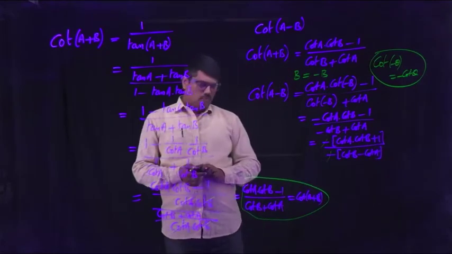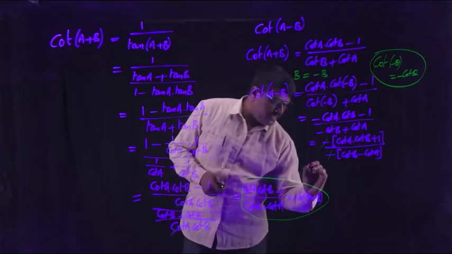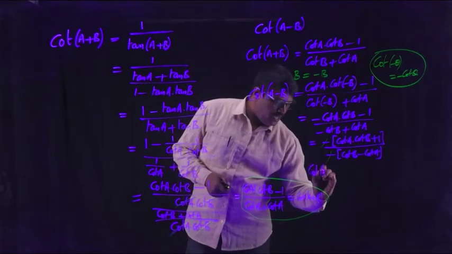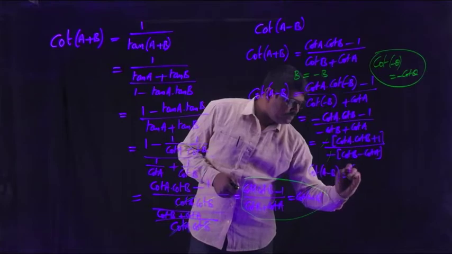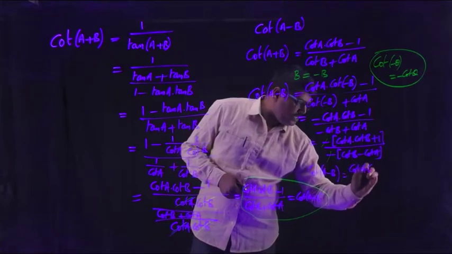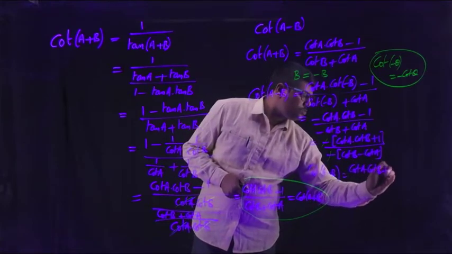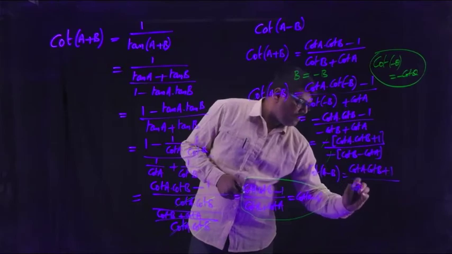So we get the formula for cot A minus B: cot A into cot B plus 1 by cot B minus cot A.